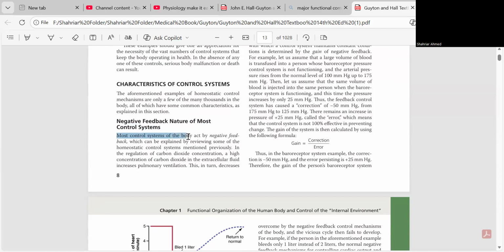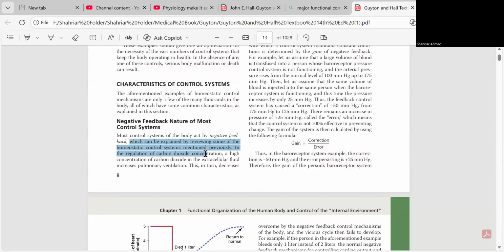Most of the control systems of the body act by negative feedback. You must remember it, and you will be asked in the viva exam which system is more common. You will answer negative feedback system, which can be explained by reviewing some of the homeostatic control systems mentioned previously.